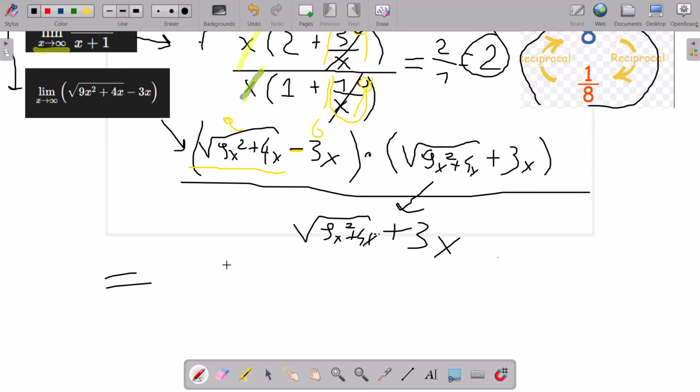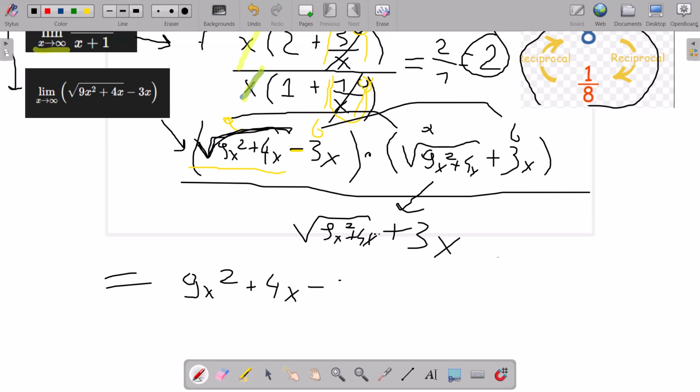So what does it equal? Please observe, again we have a and b. We take a times a, b times b, and we will simplify it. We want to get rid of this square root. It's not necessary. It's disturbing us. So you can notice that in the numerator, after simplification, we have 9x squared plus 4x minus 9x squared.